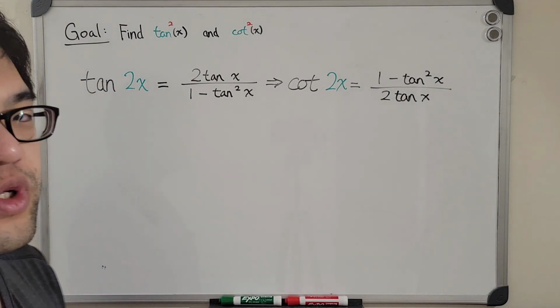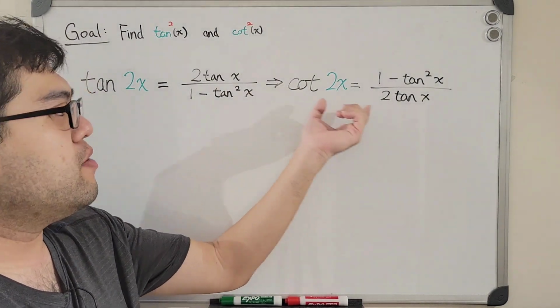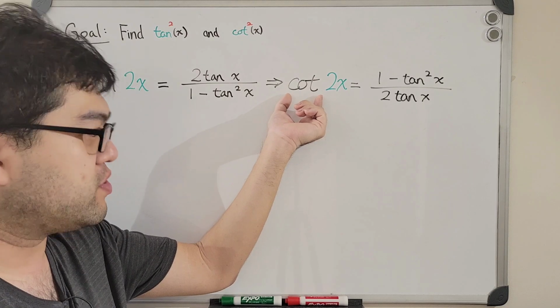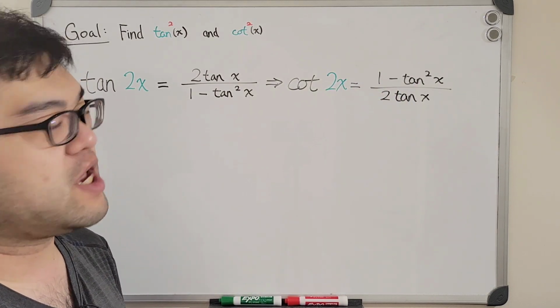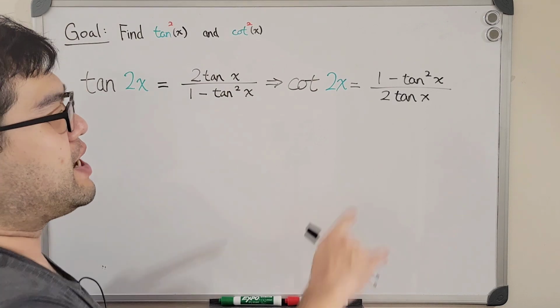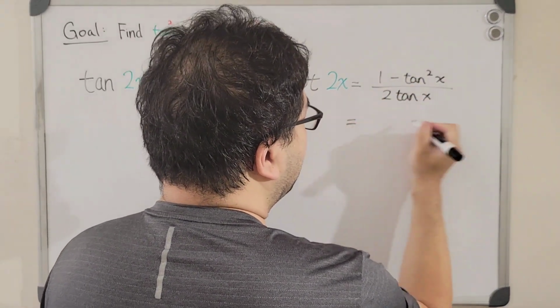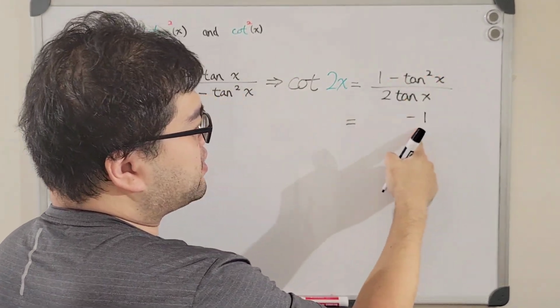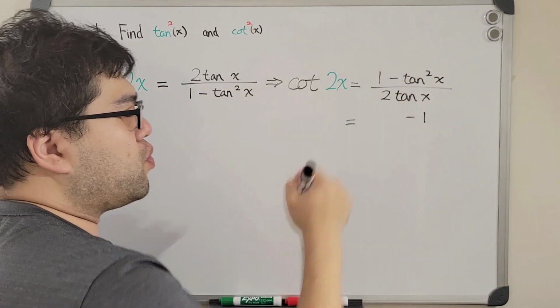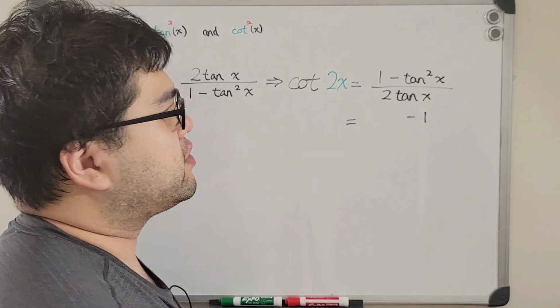But of course, we don't want to end up with tangents because we started off with cotangent. What can we do? We're going to divide everything by tangent square of x because that's the highest term. So in that case, we will now get something minus 1 here, and for the first part, 1 will become 1 over tangent square.